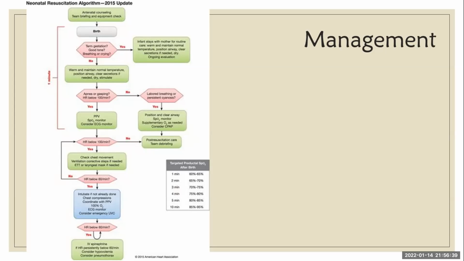And for an infant who has a problem with respiration during delivery, we can check the APGAR score. Usually if the APGAR score is 0 to 3, we need to do resuscitation.